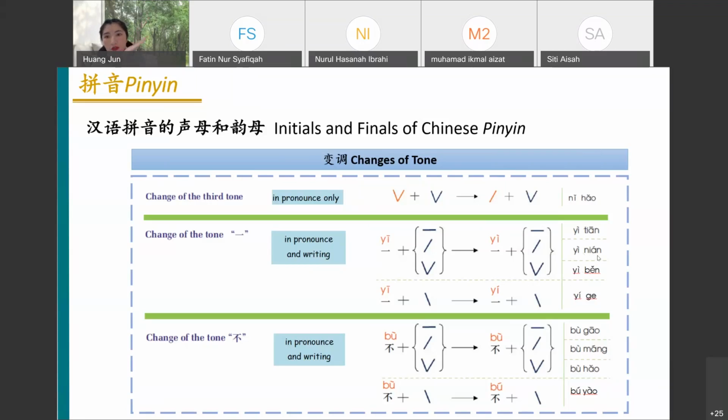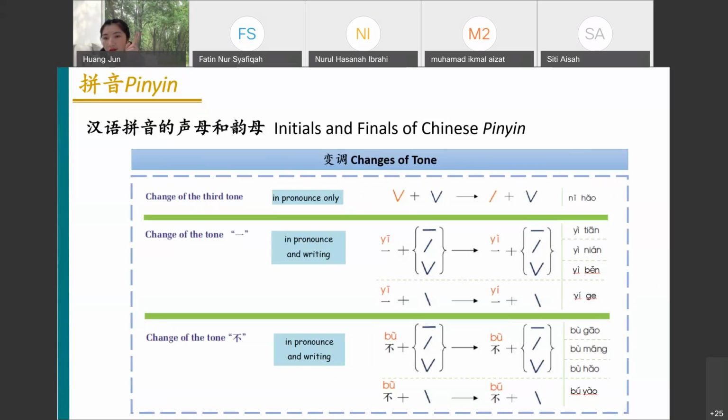We use tone number 4 matched with number 1, 2, 3 when you read and write. For the word 不, it is the same as 一: 不高, 不忙, 不好. We use tone number 4 matched with the first tone. Only for these two words, okay?